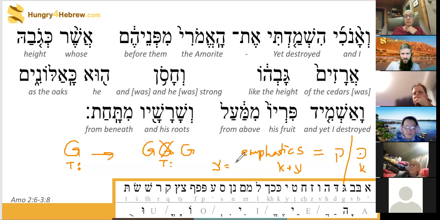One of them was an emphatic tho, one of them was an emphatic vo, and one of them was an emphatic bo. That is more like Arabic. Right, Arabic still preserves the emphatics. Correct. Hebrew lost them a long time ago.